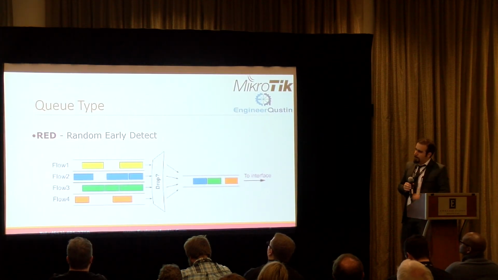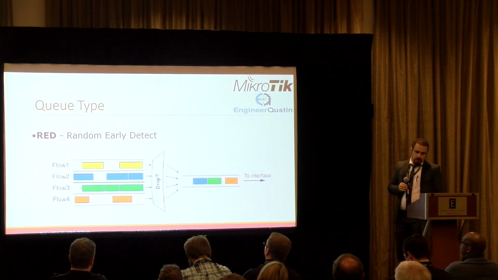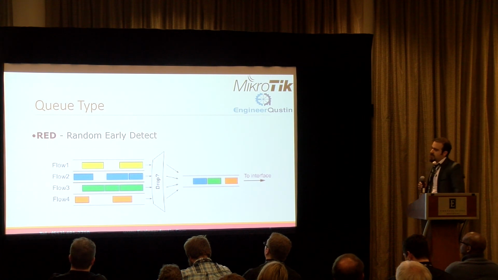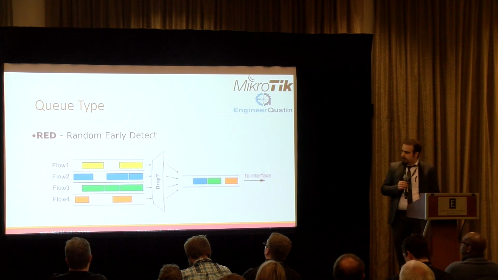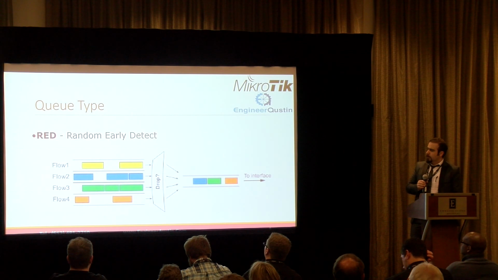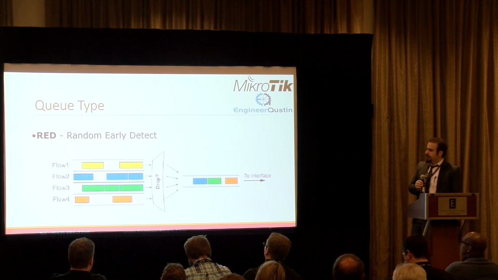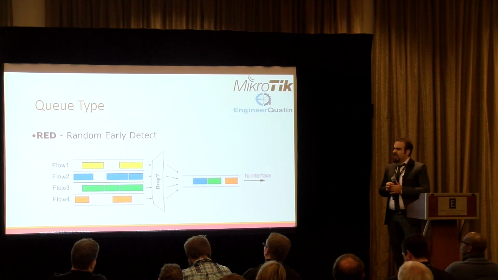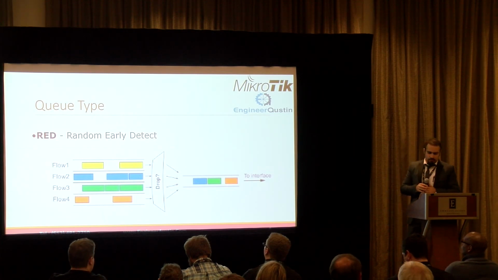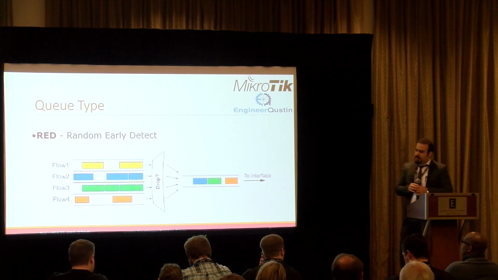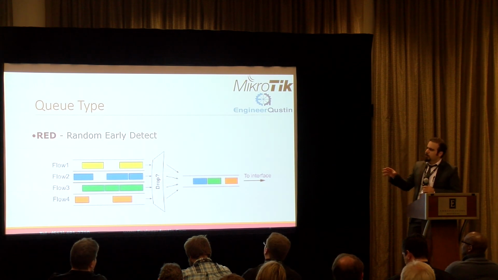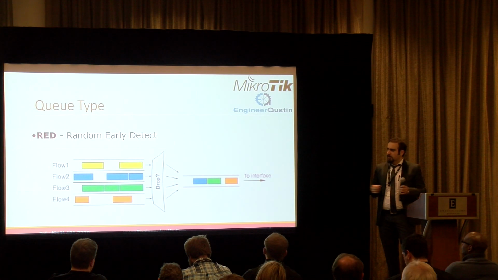RED. MikroTik buffers as many packets as it can, and simply drops the packet when it cannot buffer. But network congestion happens when the buffers are constantly full or always full.